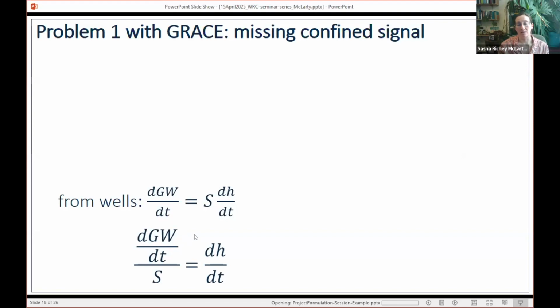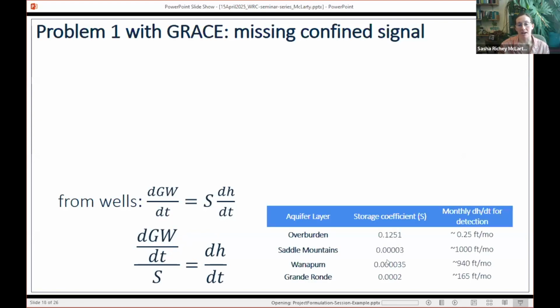So if we just take 1 centimeter and divide it by our storage coefficients, then this is what the monthly change in head would need to be in a well in each of these layers in order to be detectable by GRACE at that plus or minus 1 centimeter of storage change.